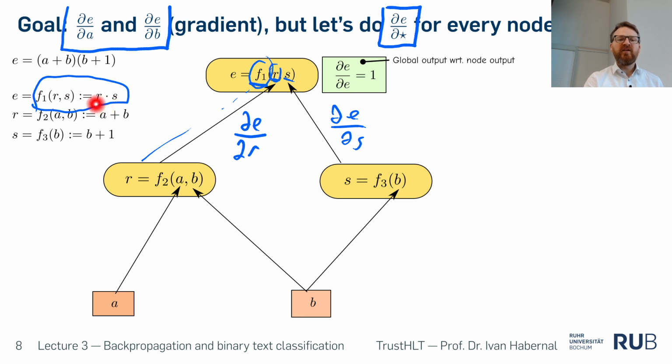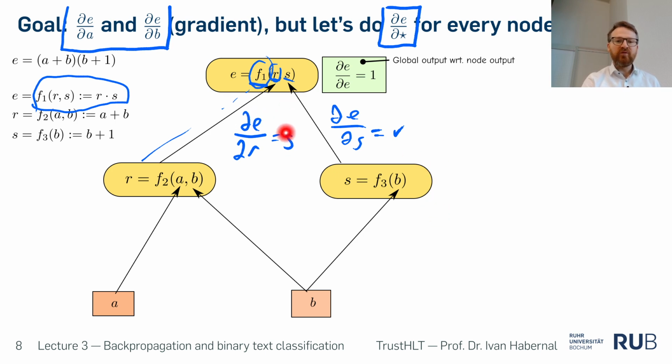So what is the partial derivative of R times S with respect to R? S, exactly. It's S. So now you may guess the partial derivative with respect to S, which is R, exactly. The product rule. So, a refresher: do some homework on partial derivatives. Excellent, so we have this, nice.